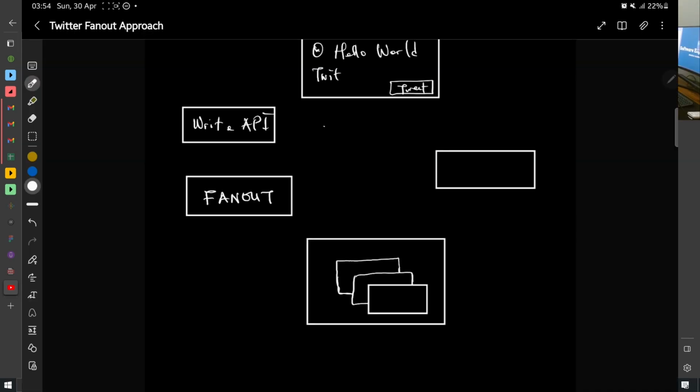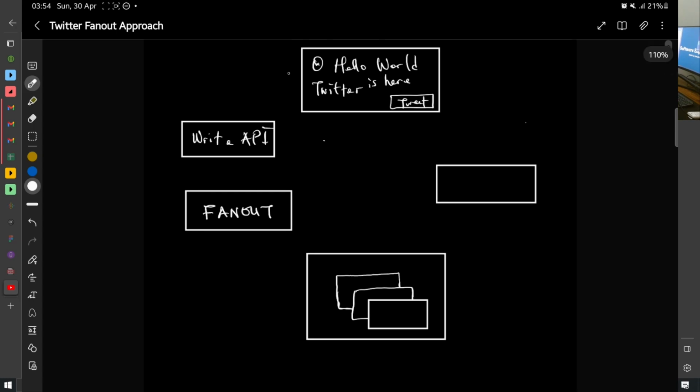So let's say, for example, I posted a tweet. Immediately this tweet hits Twitter's write API, and immediately as well the Fanout process actually begins. So your tweet is actually persisted on an in-memory Redis cluster, on 3 different machines.